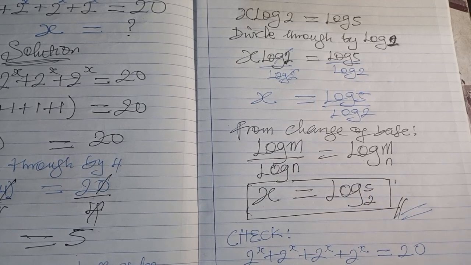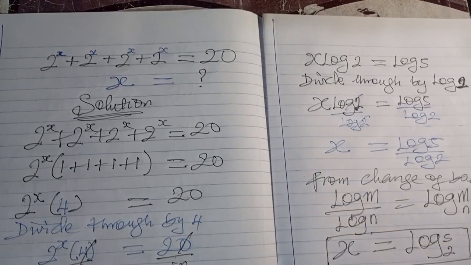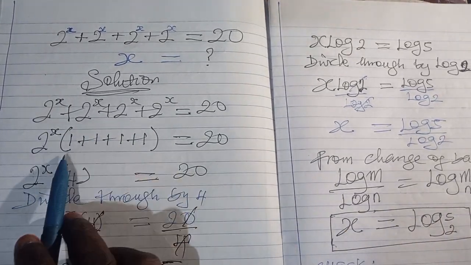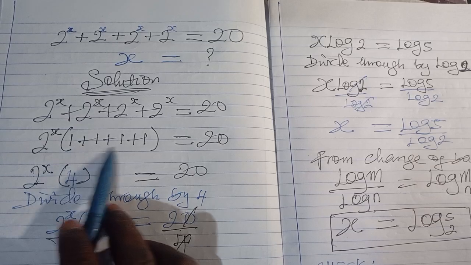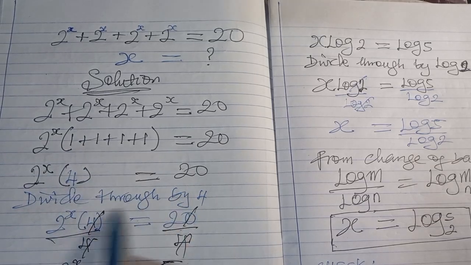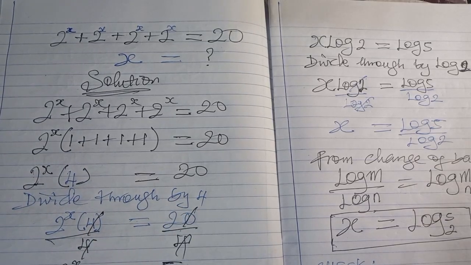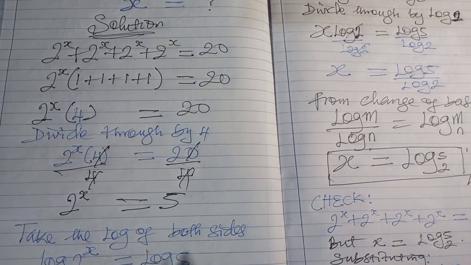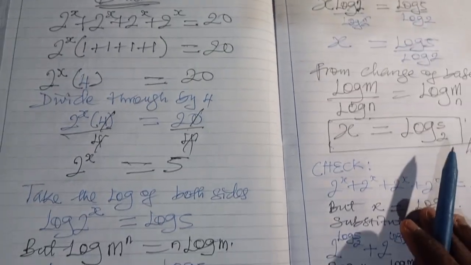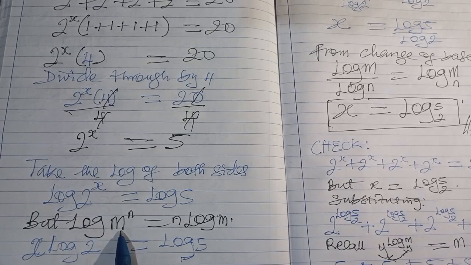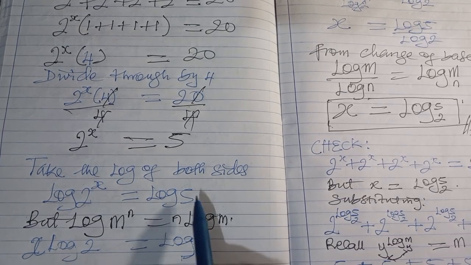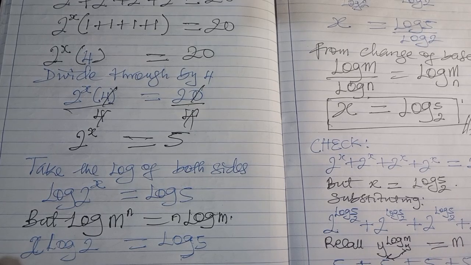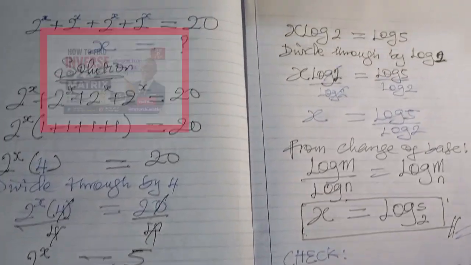A quick recap. See what I have done. I factored out 2 raised to the power x and summed 1, 1, 1, 1, which is 4. Divide through by 4, and then you have 2 raised to the power x as 5. Then take the logarithm of both sides and apply this rule: x log 2 equals log 5. Here you divide through by log 2 in order to find x.